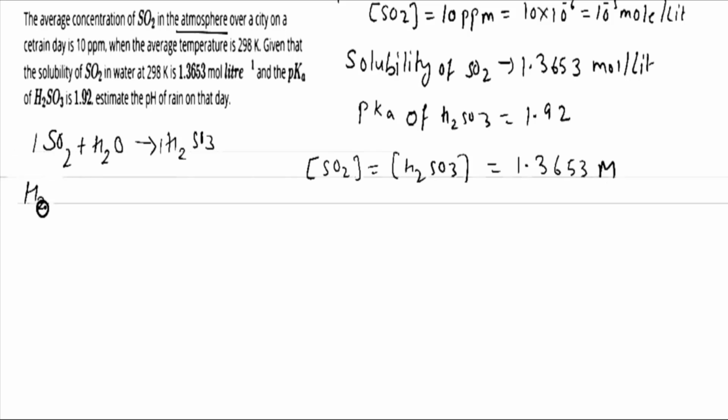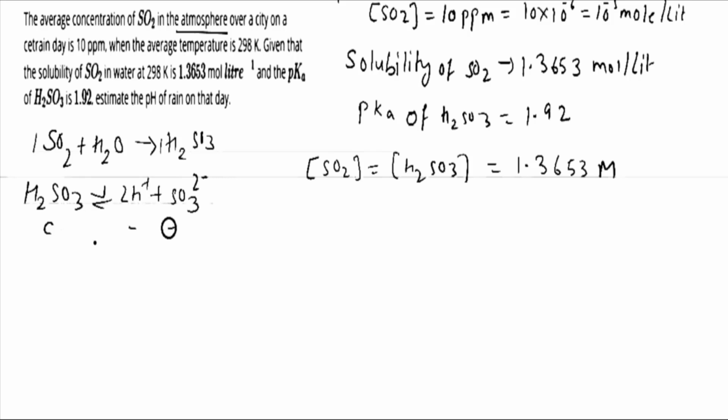Now further H2SO3 will give 2H plus and SO3 2 minus ions. So let the initial concentration of H2SO3 be C. Then let the dissociation be A by 2. Then how much will be left? C minus A by 2, and this will be A and this will be A by 2, right?